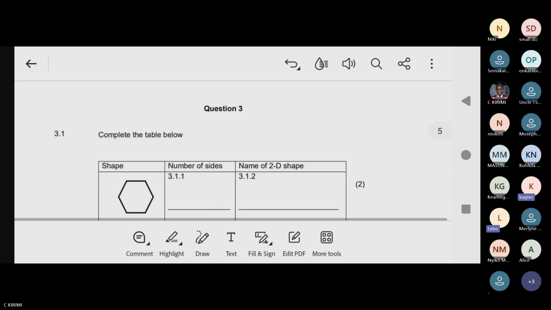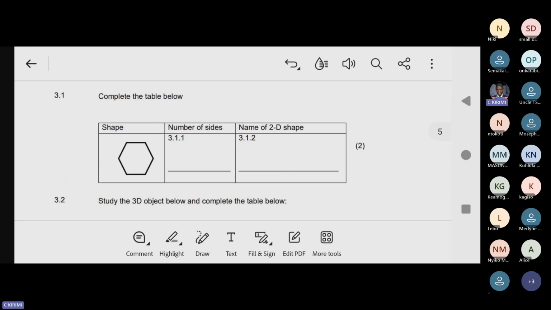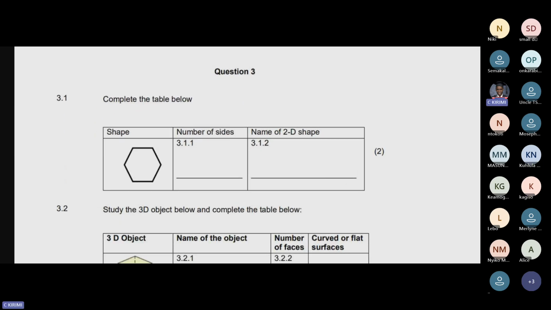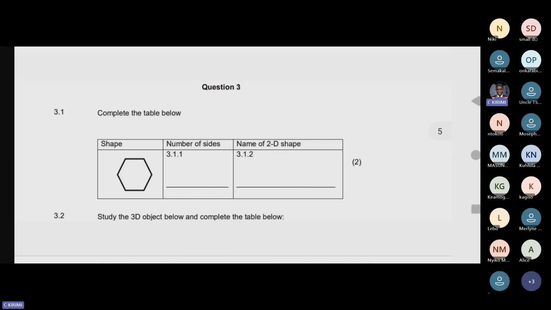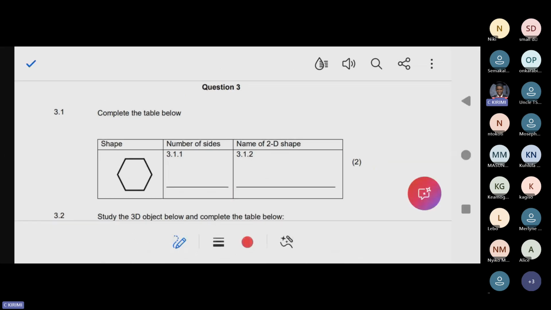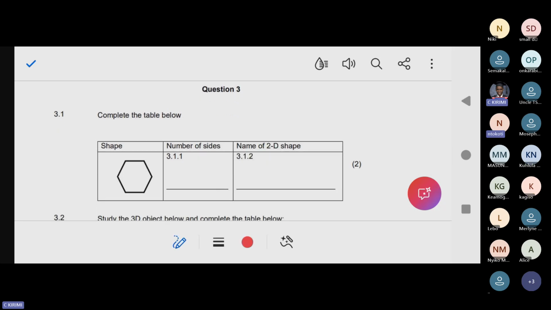Number 3.1. The number of sides. When you are calculating the number of sides for that object, you are looking for these sides. So how many sides are you seeing there? 6 sides. Yes, it's 6 sides.